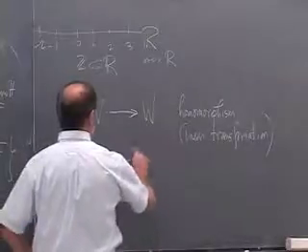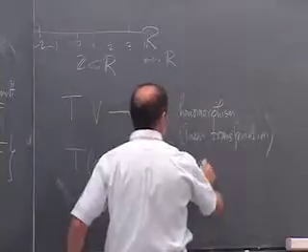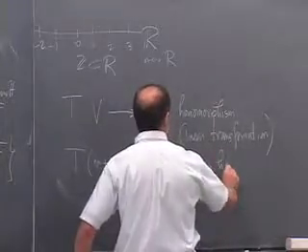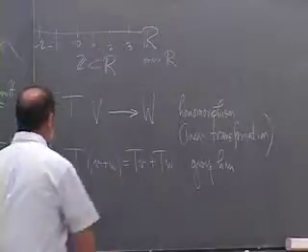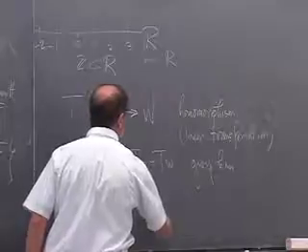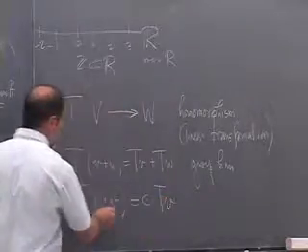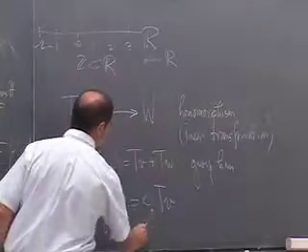T of v plus w is T of v plus T of w. Group hom. Takes the additive identity to the additive identity, takes inverses to inverses, and it commutes with scalar multiplication, where this scalar multiplication takes place in V, and this scalar multiplication takes place in W.